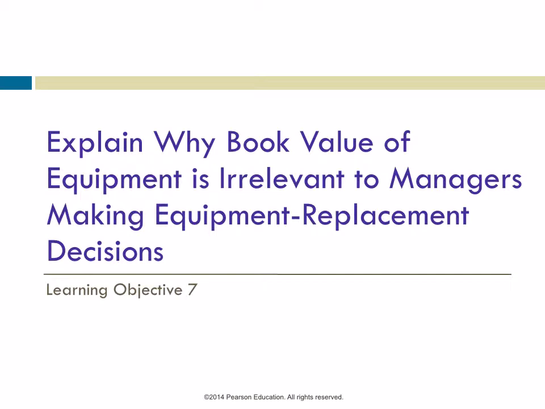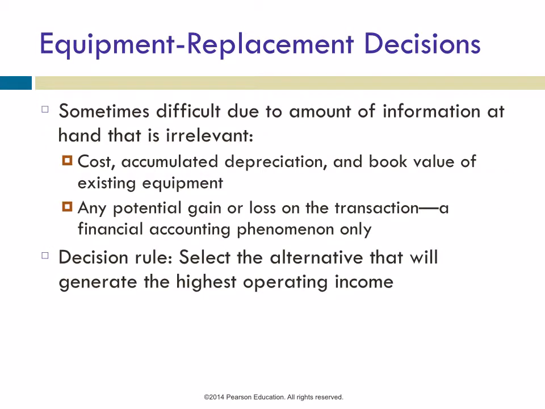Okay, so we're going to talk a little bit about book value of equipment and why that's irrelevant to making equipment replacement decisions. I think the main reason that this becomes an issue is because as a manager you devote a lot of time and money into accounting for equipment, and in doing so you're recording the costs, you're recording the accumulated depreciation on the asset, and you're recording the book value of the existing equipment.